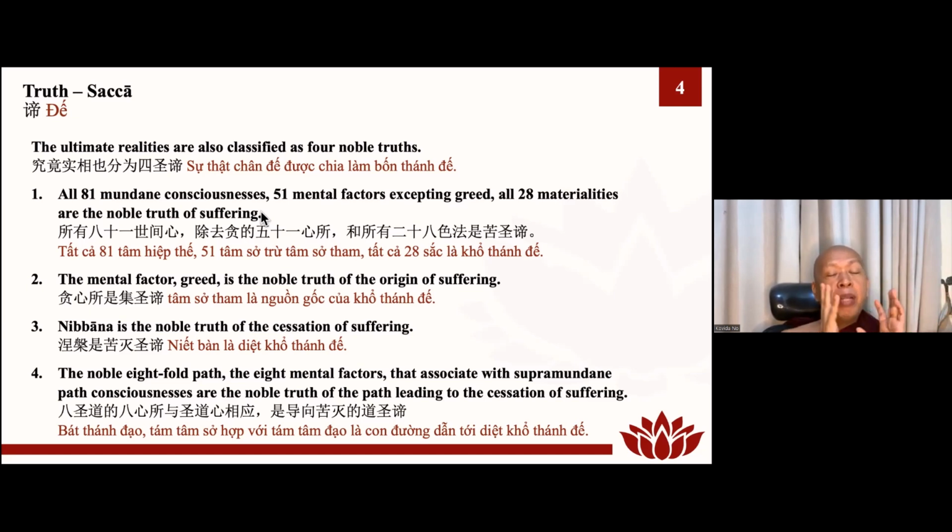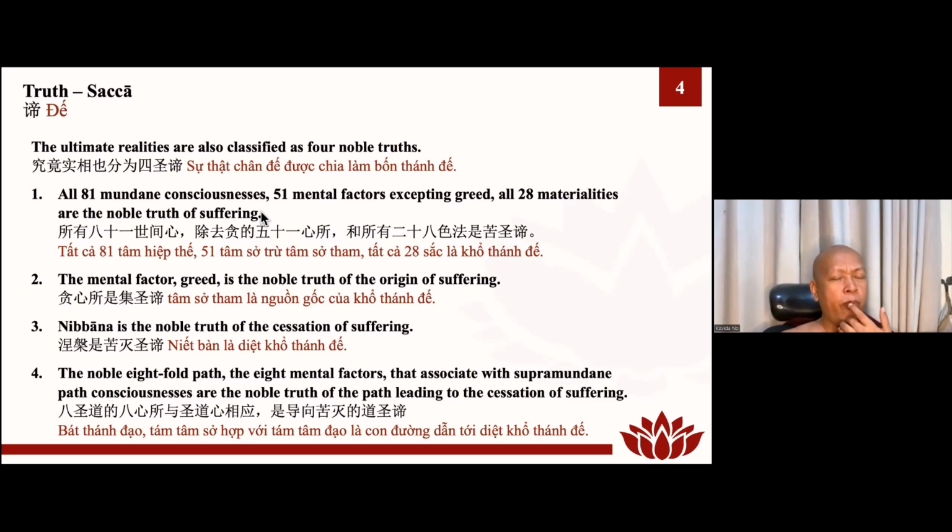So these 8 mental factors can associate with normal wholesome consciousness. Some of them, such as viriya and vitakka, can associate with either wholesome or unwholesome consciousness.